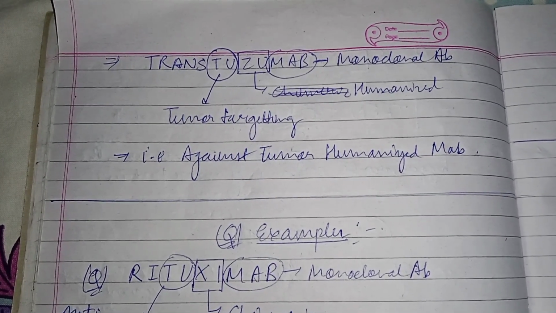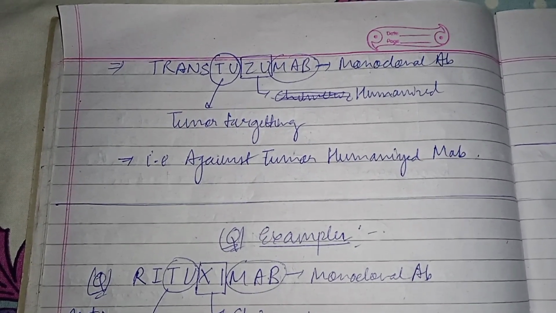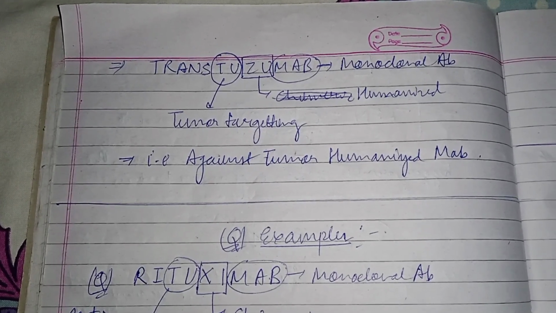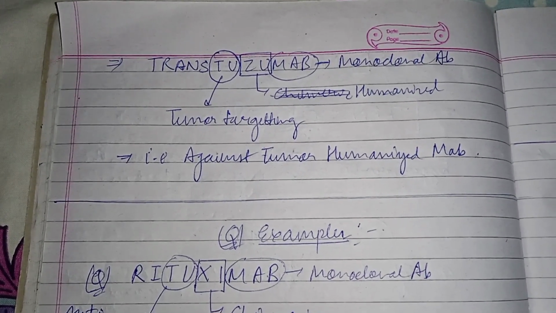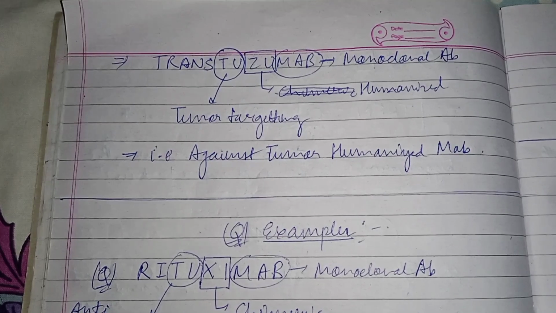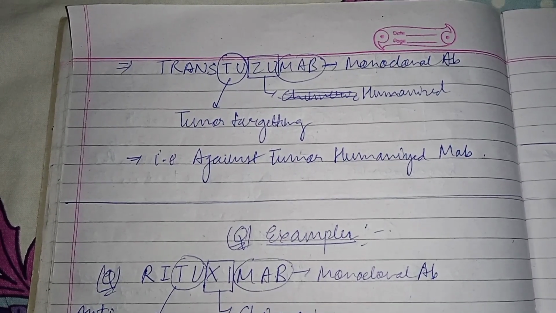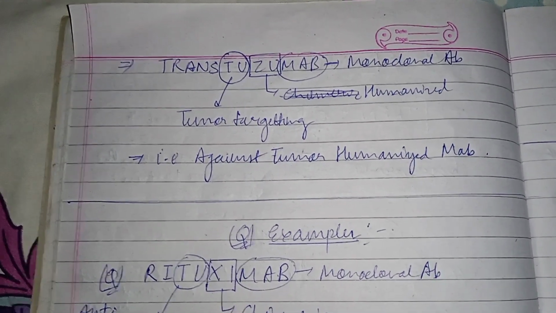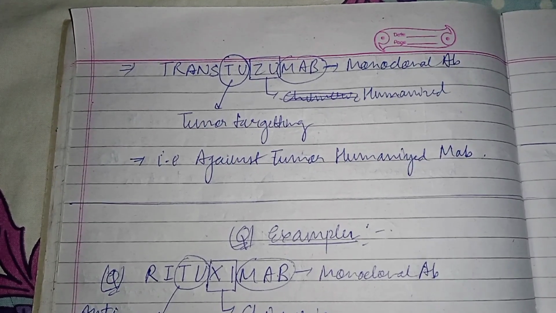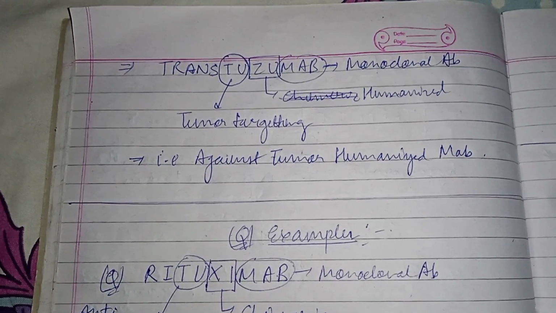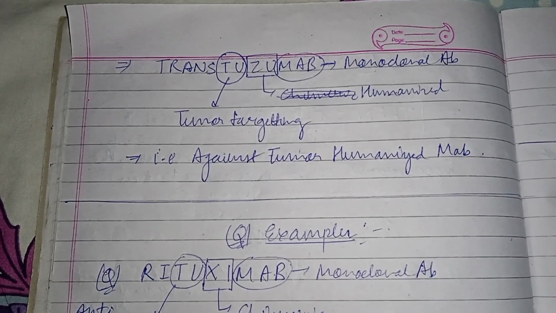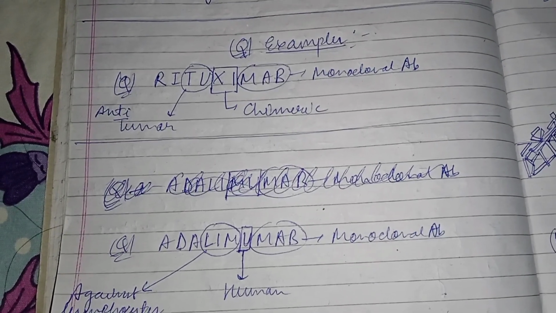Now, as we looked into the stem portion, substem 1 and substem 2 portion, we are now pretty confident, right? So let's try to solve some examples which will boost our confidence even higher. See here, rituximab.